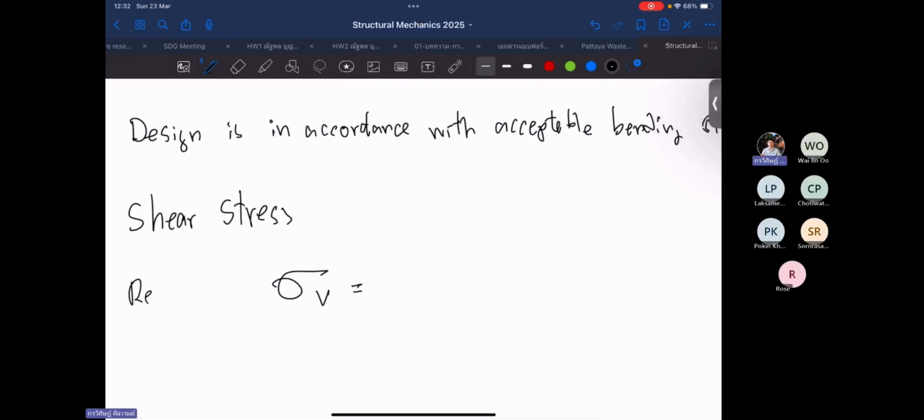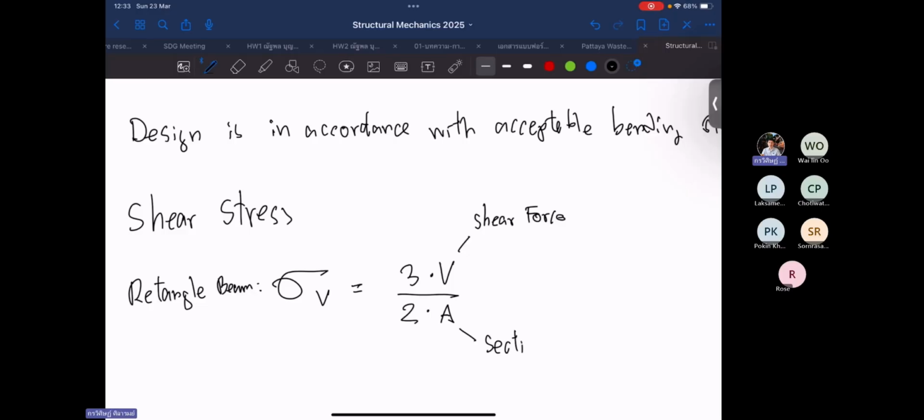For rectangle, 3 multiplied by V divided by 2 multiplied by A, where V is the shear force and A is the section area.